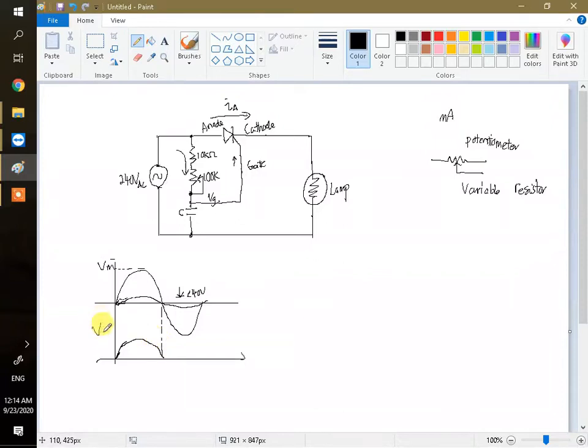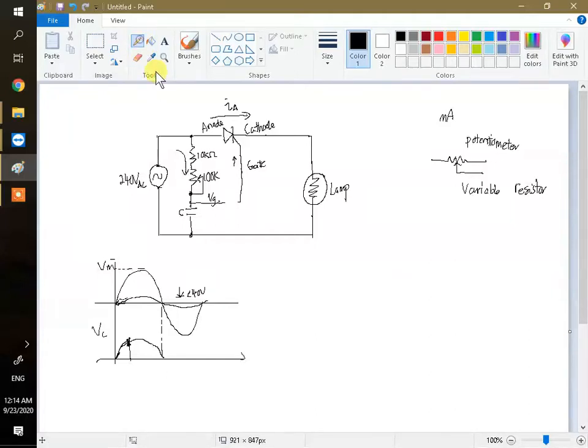We call it VC, the capacitor voltage. When this capacitor voltage reaches a certain level, let's say this level indicated by the cross here, the voltage is high enough to turn on this gate. So in order to ensure this voltage is above 30 volt, we use one diode here, to make sure the current can flow through it.